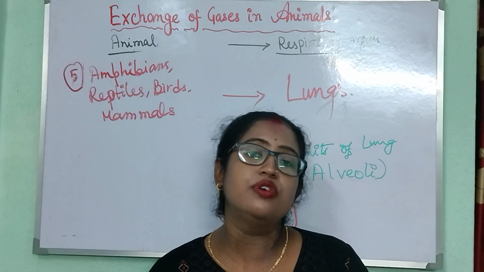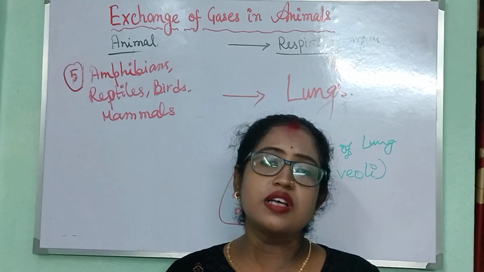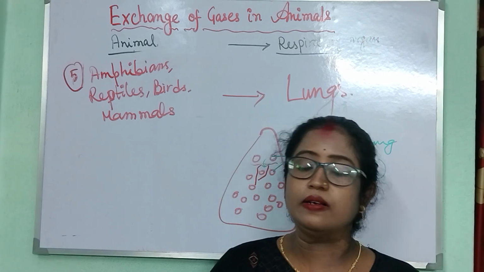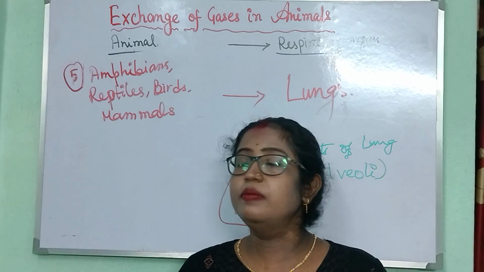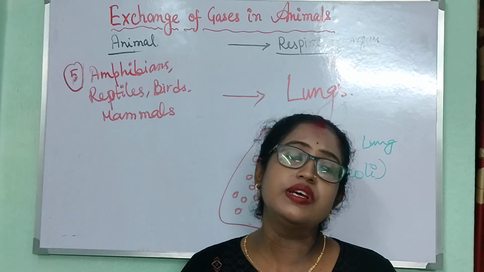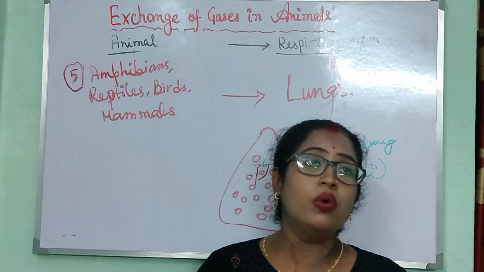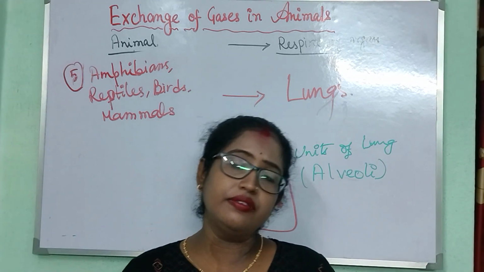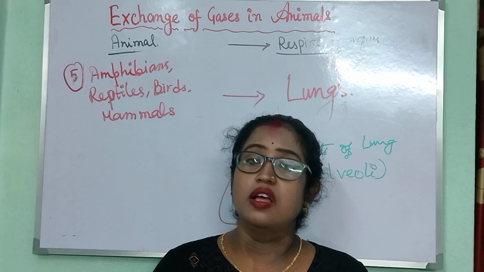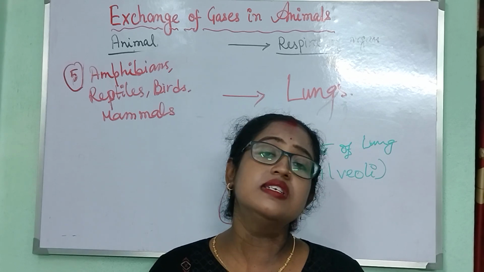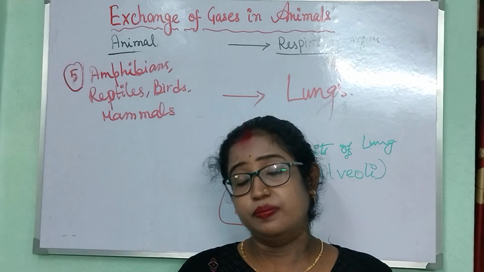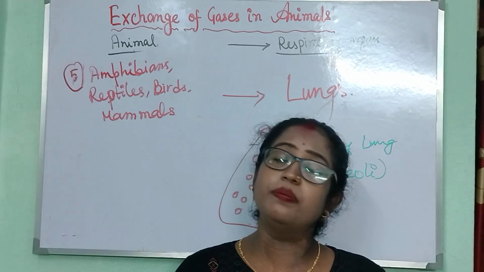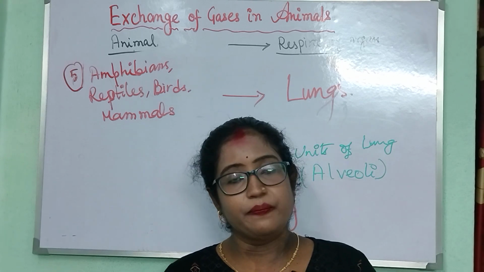The amphibian group is a special group which lives the first half of its life in water and the second stage in a terrestrial area. So amphibians like frogs and salamanders, when they spend the first half of their life in water, have gills as their respiratory organ, and in the second half of their life cycle the gills are replaced by lungs.